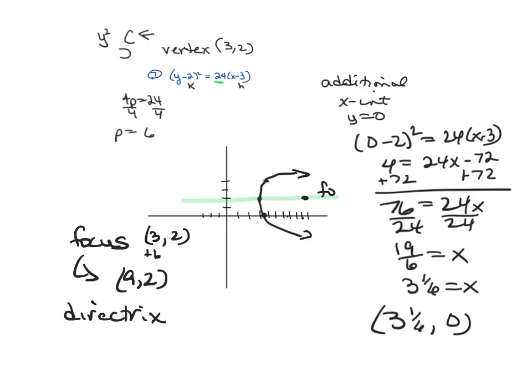So this is your focus. And again, label these points. It helps. 3 1/6, comma 0. Tell me your focus is 9, 2. And then to find the directrix, we're going to subtract it from the x, and we get x equals negative 3. So here is my directrix, x equals negative 3.